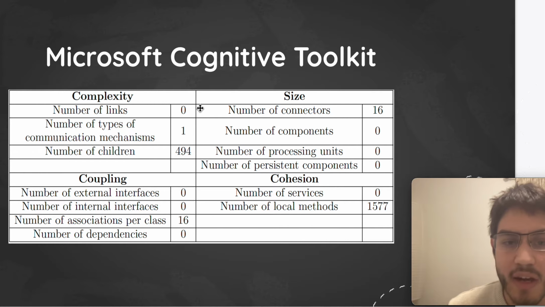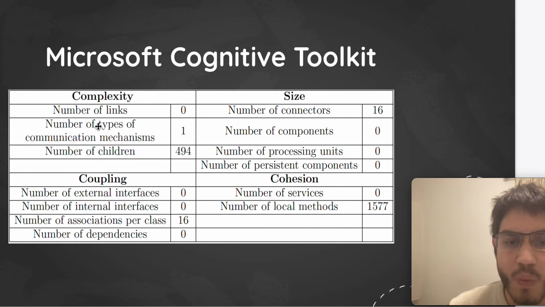As we can see here, we don't have a lot of links, but we have like 16 connectors, which is good. This tells us that at least this framework can be used in different cases. We also have 494 children, which is a lot.